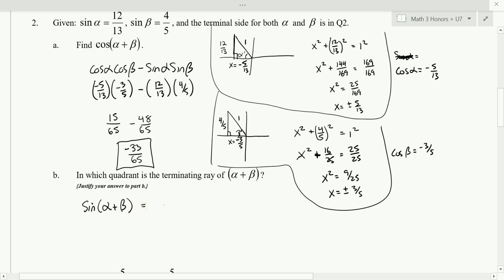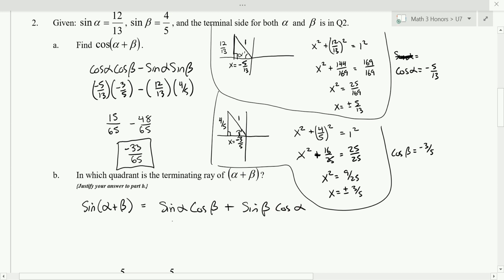Using our formula sheet again, we find that that's the sine of alpha cosine beta plus sine beta cosine alpha. And then substitute in those values.